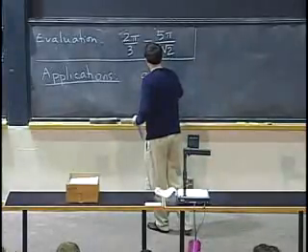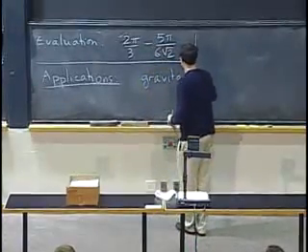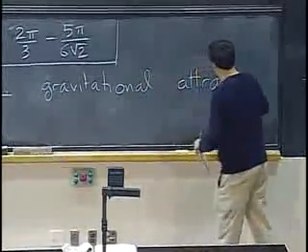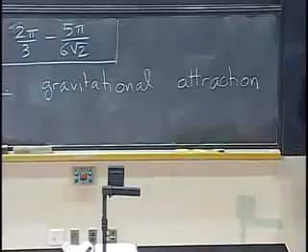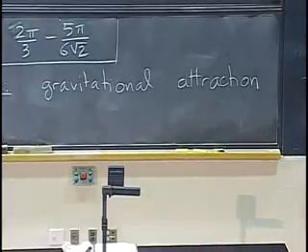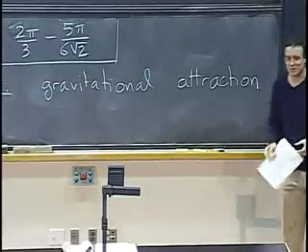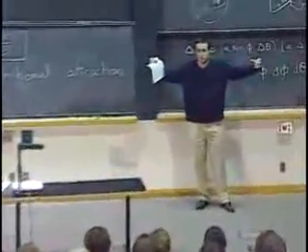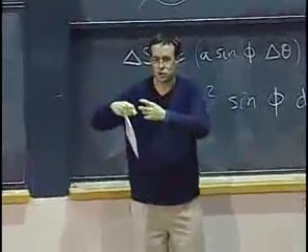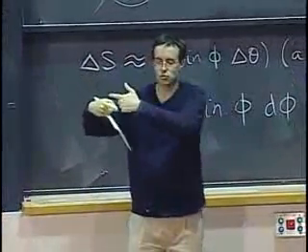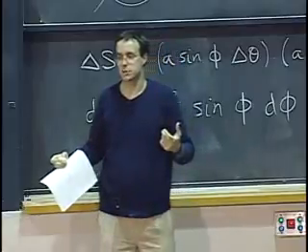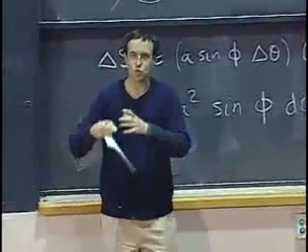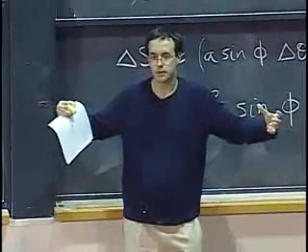So, in physics, you've probably seen things about gravitational attraction. If not, well, it's what causes apples to fall and other things like that as well. So anyway, physics tells you that if you have two masses, then they attract each other with a force that's directed towards each other, and in intensity is proportional to the two masses and inversely proportional to the square of the distance between them.